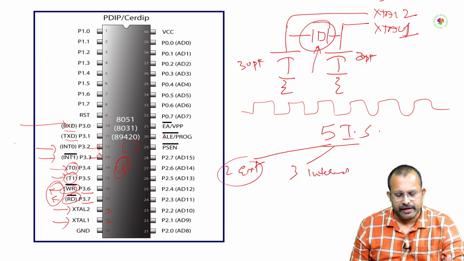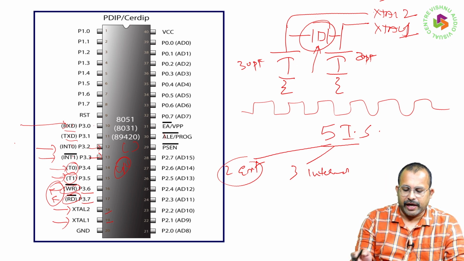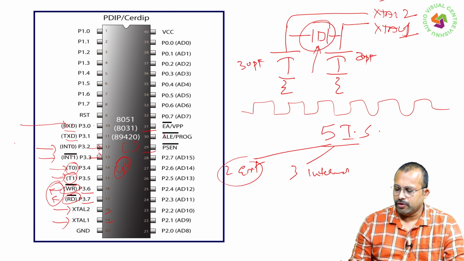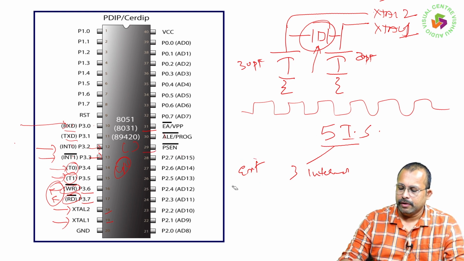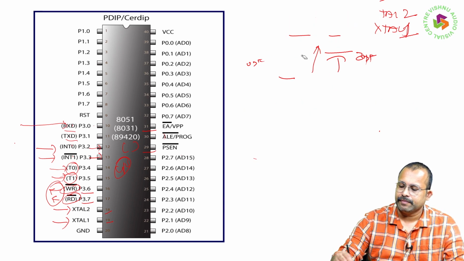So, on the left hand side, this particular pin configuration is done. On the right hand side, we left out pin 31 and pin 29.